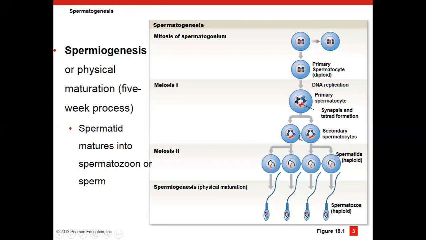And then those secondary spermatocytes undergo meiosis 2, where you then have a haploid spermatid that is able to mature into a spermatozoa, or a sperm, so that it can fertilize a haploid oocyte in the female reproductive system and create a baby.